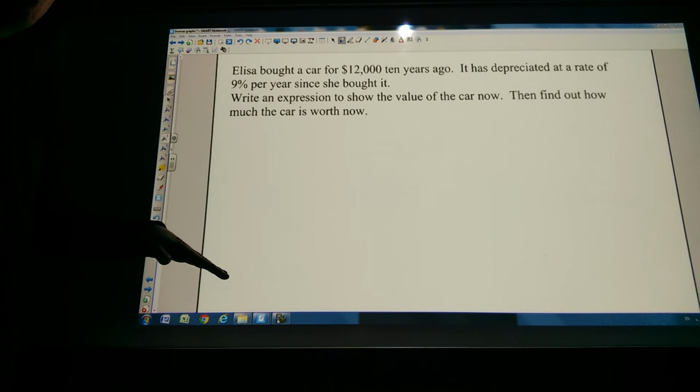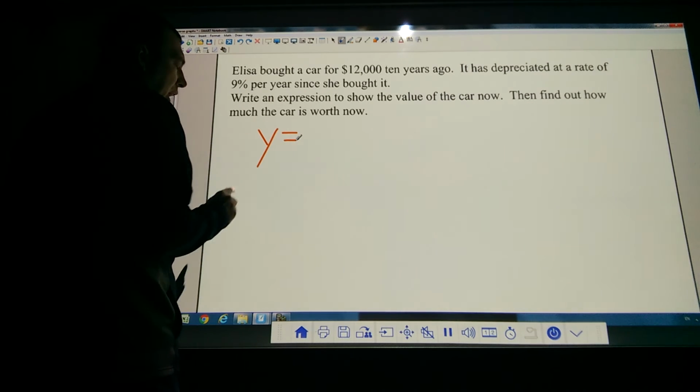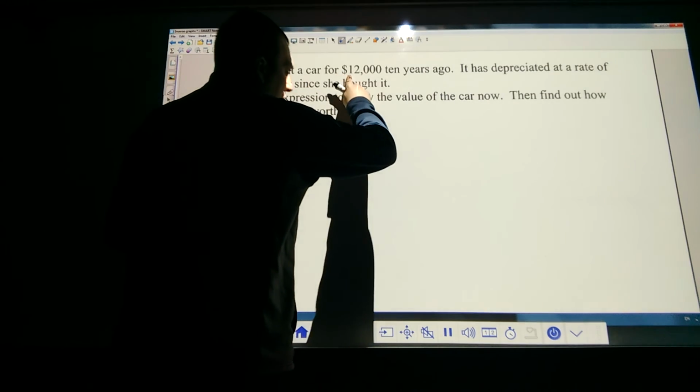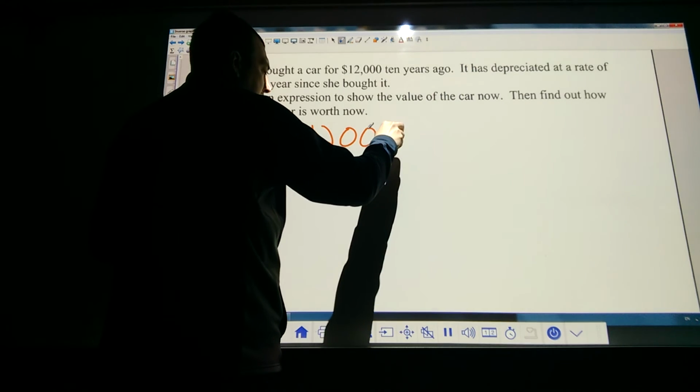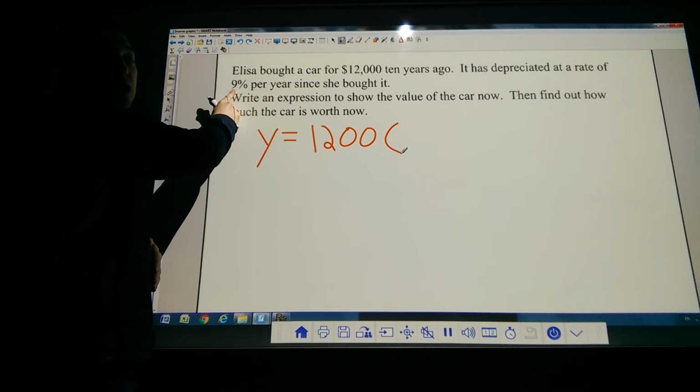Percent increase or decrease is exponential. So this is how we write it. Y equals a exponential equation has our starting point. I believe that this was our starting point, $12,000. And this tells us our multiplier. Our multiplier always starts at 1 and either adds or subtracts 9%.